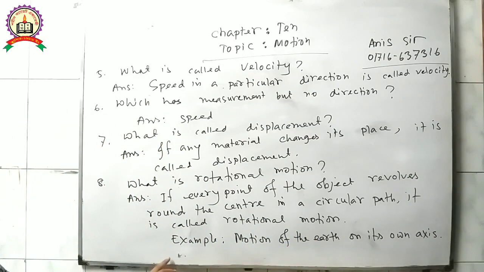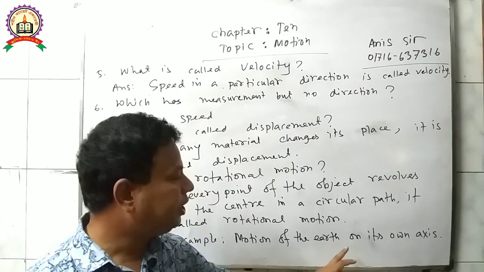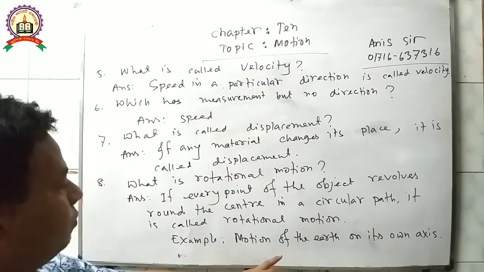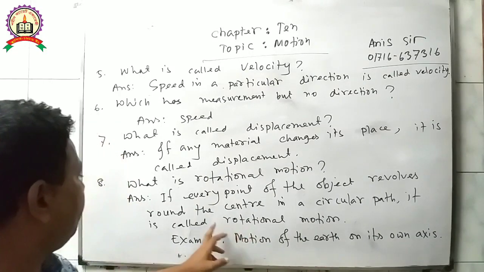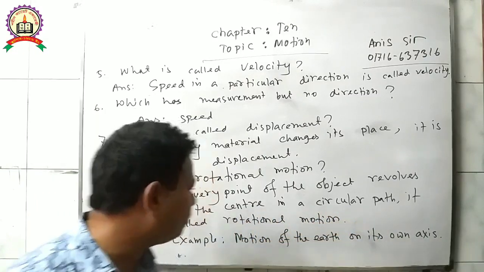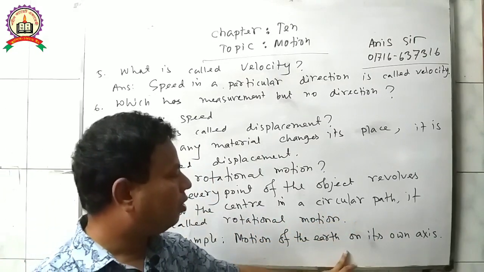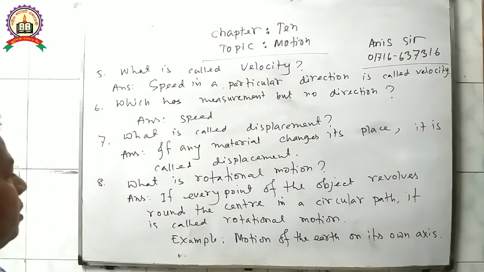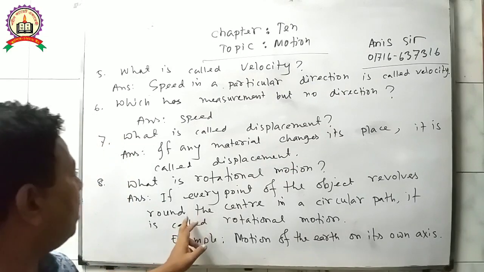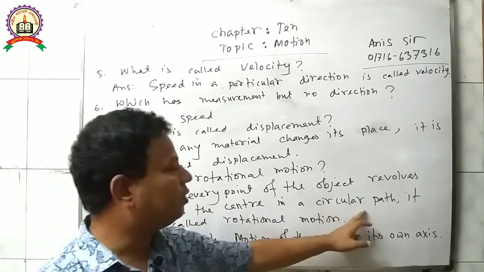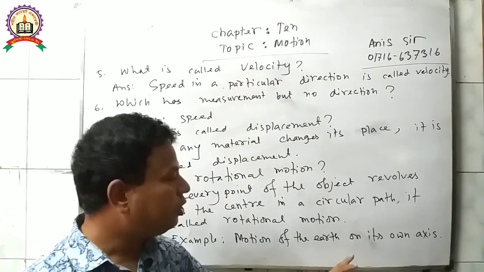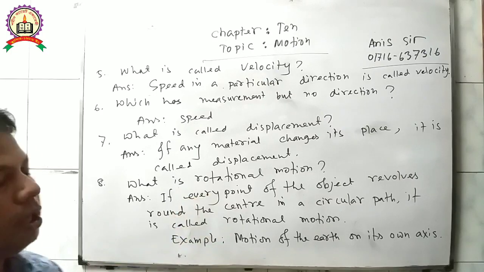For example, the motion of the earth on its own axis, because the earth revolves round its center in a circular path. So the motion of the earth on its own axis is rotational motion.